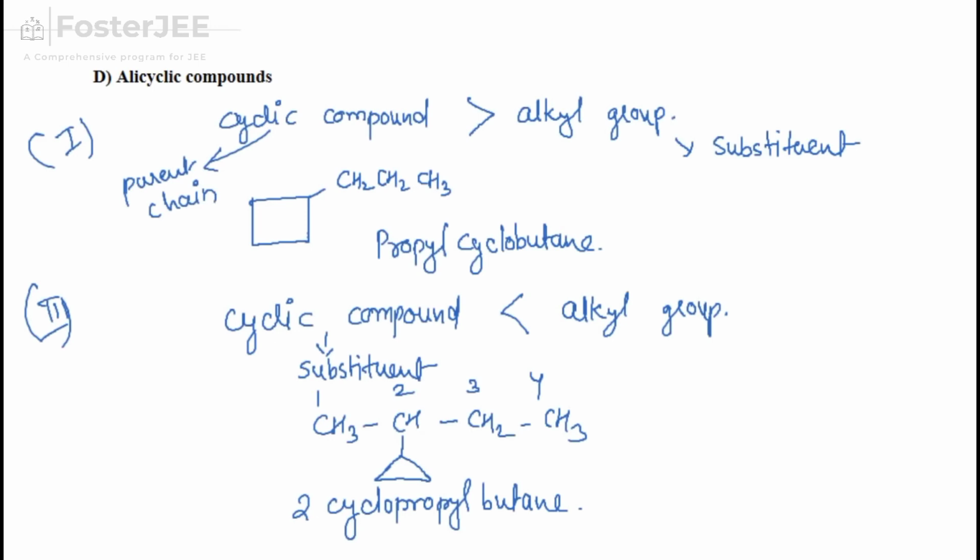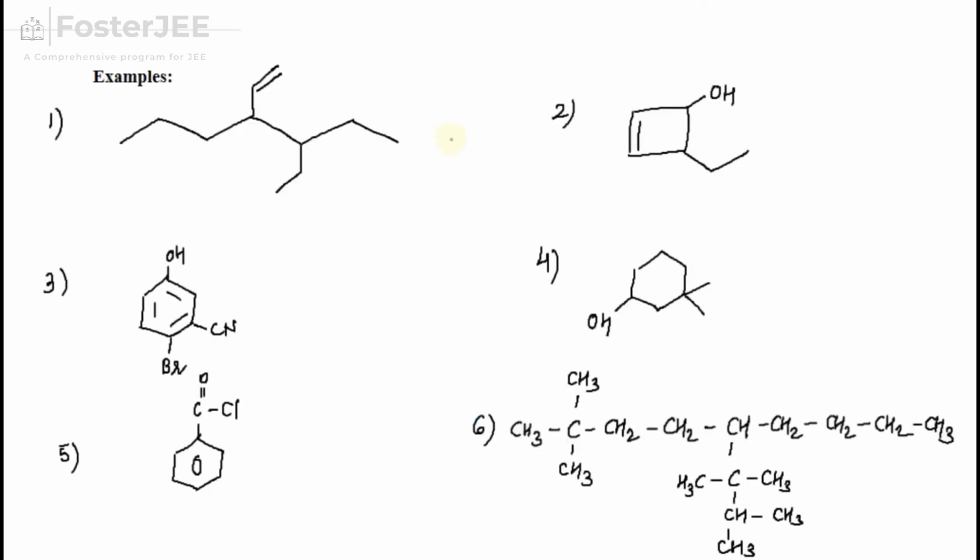Let's take some examples. Here we need to find the IUPAC name of the given compounds. This one is the first compound. Here we can see that the longest chain will be 1, 2, 3, 4, 5, 6, 7.